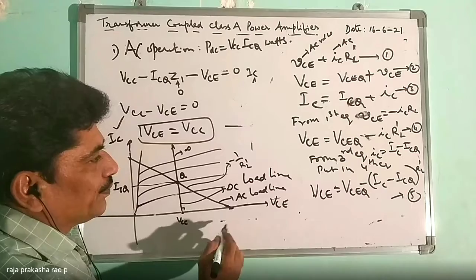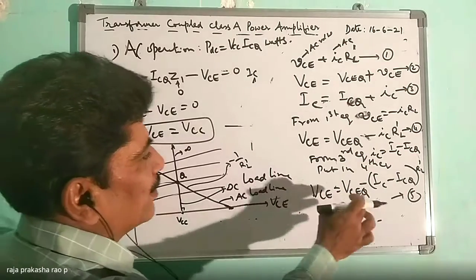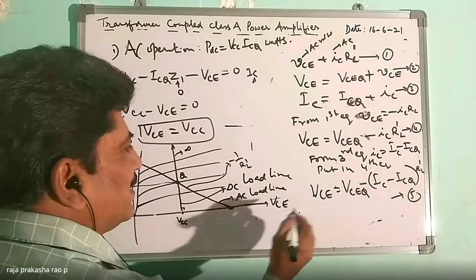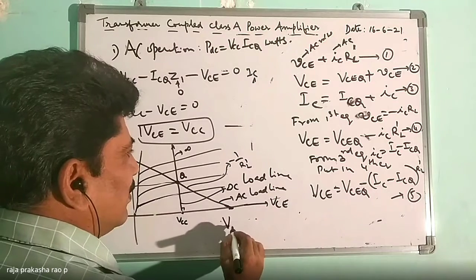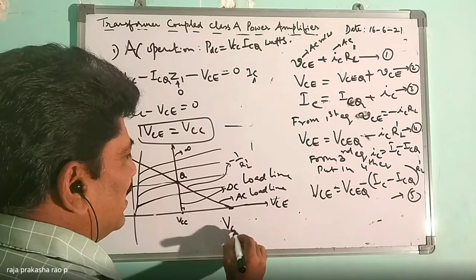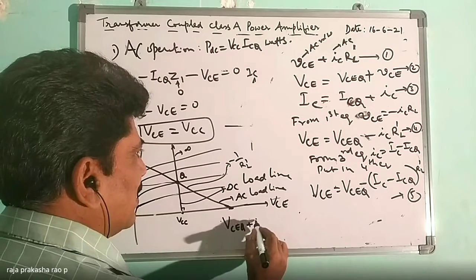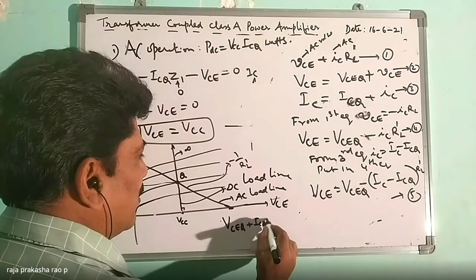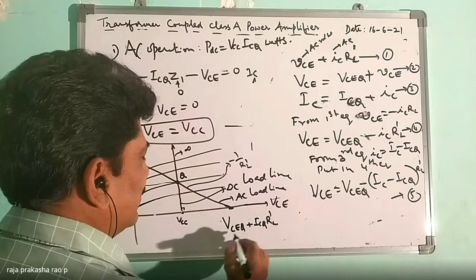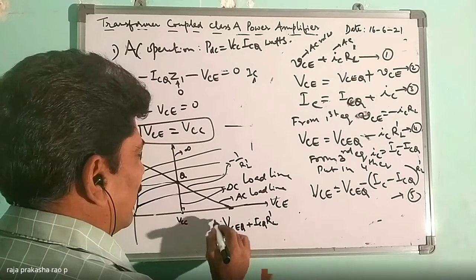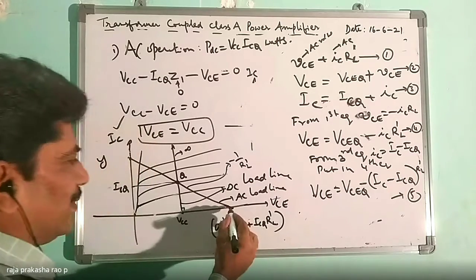Putting IC equal to 0, you will get VCE is equal to VCEQ plus ICQ RL dash, comma 0. This is the cutoff point.